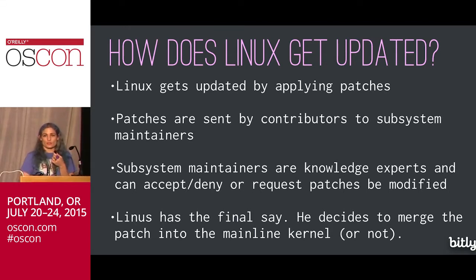And if he agrees, the stream of patches will flow up into his repository, becoming part of the mainline kernel. And the amount of attention that Linus pays to specific patches received in a pull operation can vary. So sometimes he might look really closely, but as a general rule, he trusts the subsystem maintainers to not send bad patches upstream.